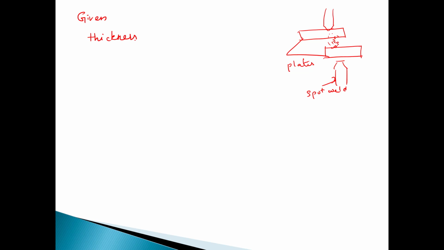So it is a spot welding process. We have two sheets, two plates, and this is the spot weld. Thickness 3 mm, we have two sides, so each thickness is 3 mm.